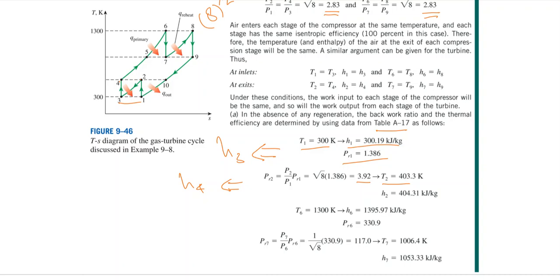So moving towards state number 6, which is the inlet of the first stage of the turbine, the temperature is given, which is 1300 Kelvin. So let me find the enthalpy and pressure ratio at 1300 Kelvin.